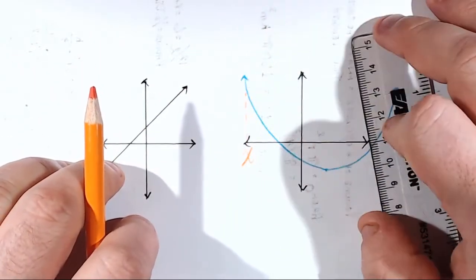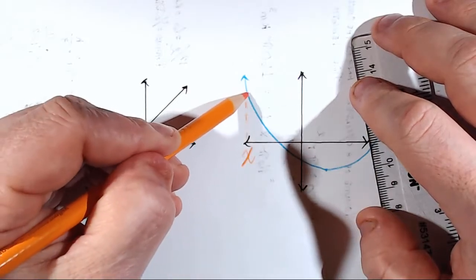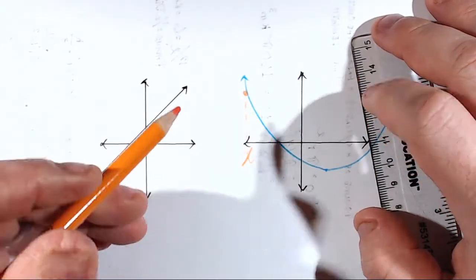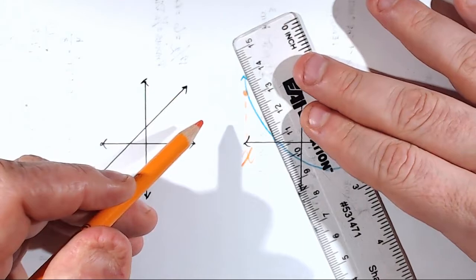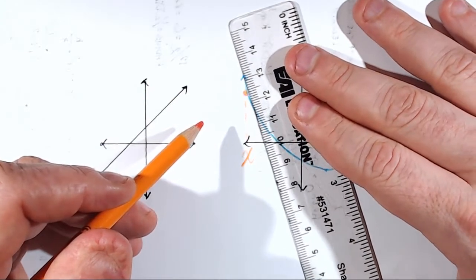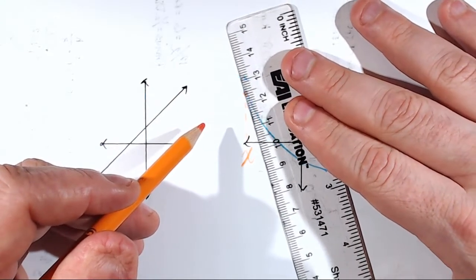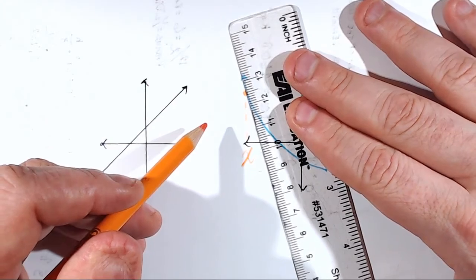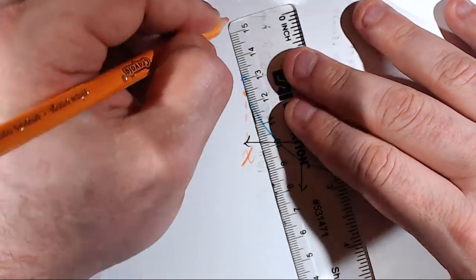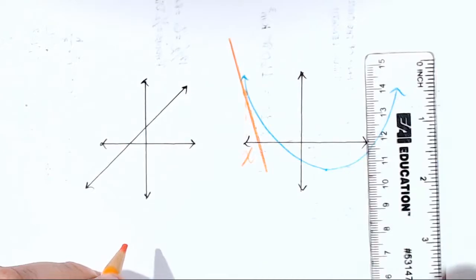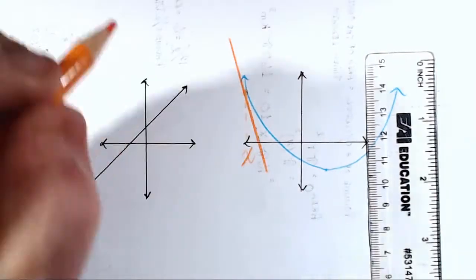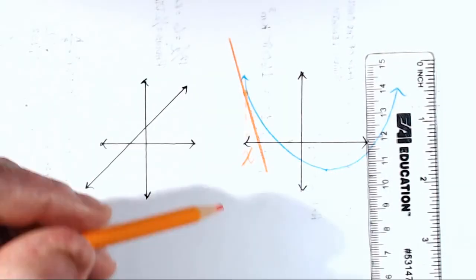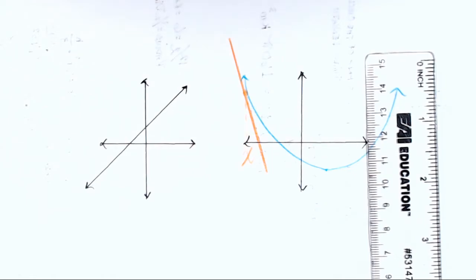Well, is the slope negative or positive right here? That's a question. Well, if you bring your ruler up here and draw a tangent line that kind of bumps up against the quadratic function, you would draw a line that looks like that, and they touch right there. So the slope is negative, and it's really steep, okay?